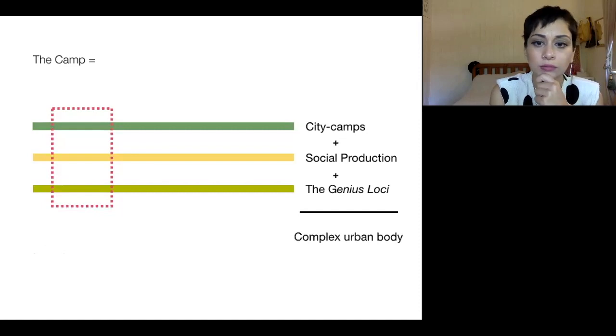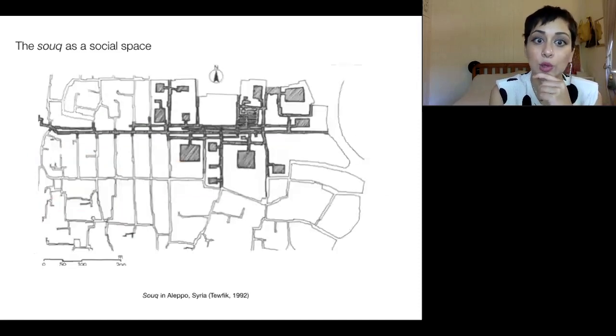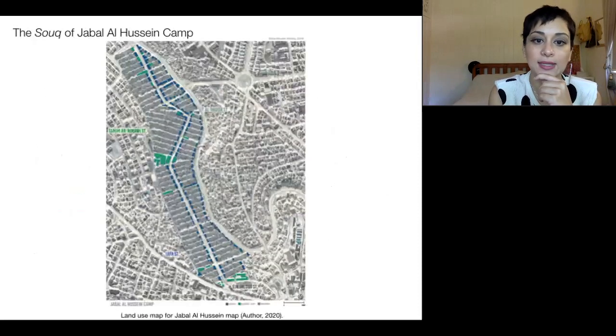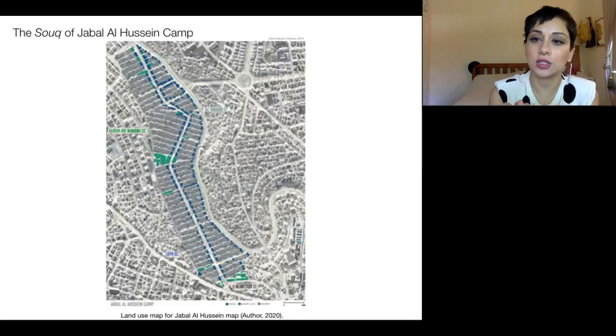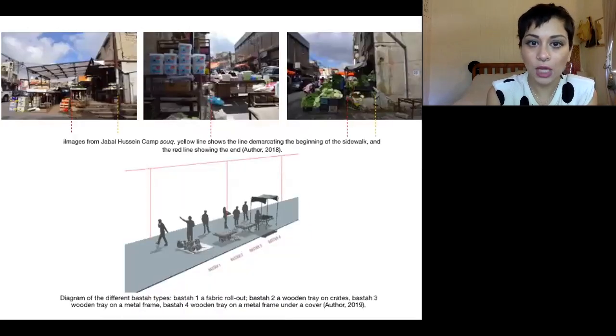So, this complex urban body, we can explore it from exploring the souk, the marketplace that emerges from the transformation of certain shelters into shops, or the overspilling to the public space to create a market, like you see in the oldest refugee camps.